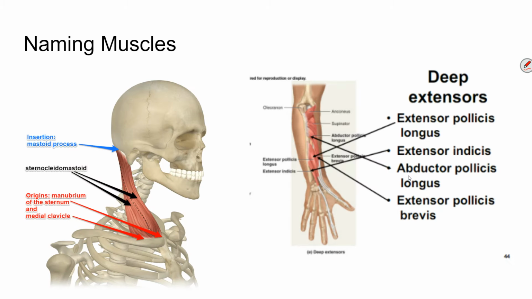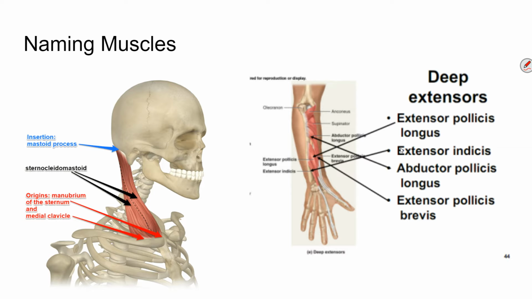It could be named according to its origin. And so named like the sternocleidomastoid here, the sternocleidomastoid is connected to the sternum and the clavicle, and the mastoid process, and so you see that in there. It could also have to do with the action that the muscle takes, and so there could be extensors or flexors or abductors or adductors.